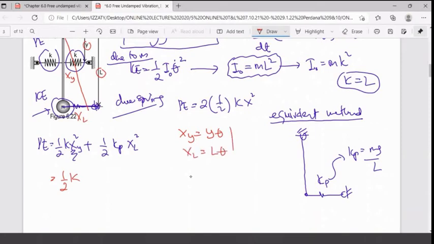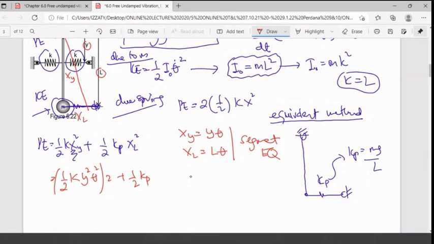This one is due to what? Segment equation. Then you put it here, k, and we have square here, so we have k, y will be y square theta square, isn't it? But you have two springs, so you multiply by 2, plus you have another spring, which is basically not here, but this is due to energy, Kp.